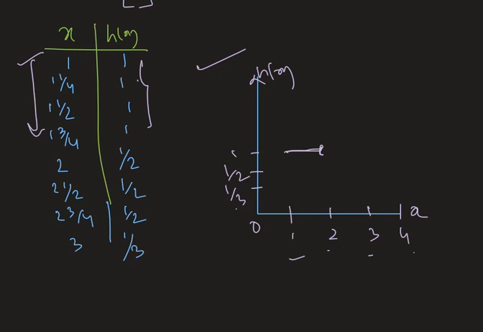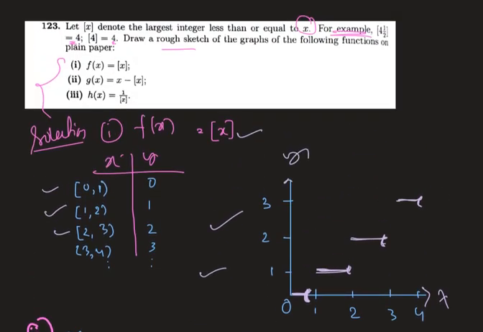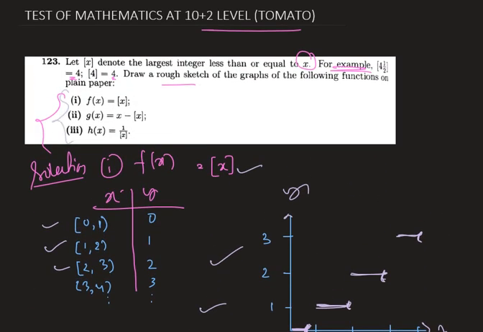Now from 2 to less than 3 we get half, and for 3 onwards, meaning 3 to less than 4, we get 1/3. So the required graph looks like this. We have drawn all three of the graphs, and this is the required answer.